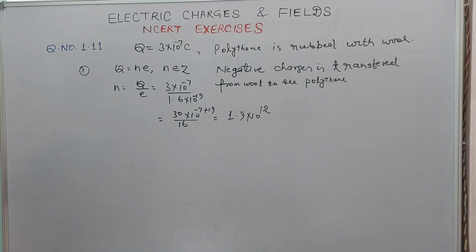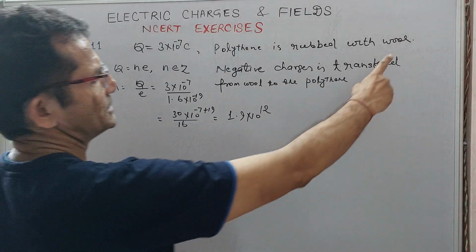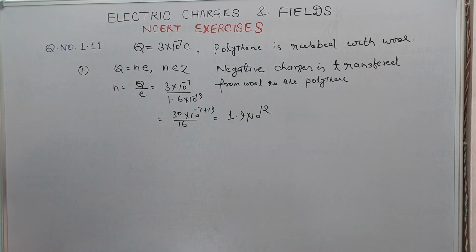So that many electrons are transferred from wool to the polythene.